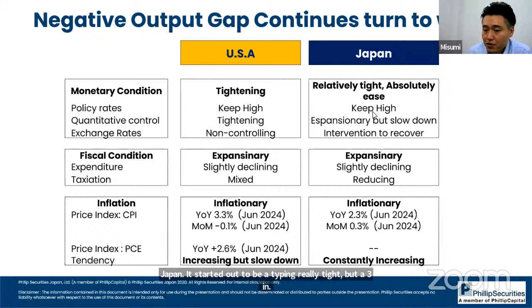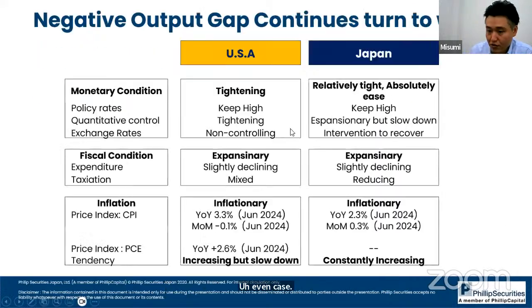The policy rate is not high in Japan. It keeps low, but the USD keeps high, possibly suggesting policy rate cutting, but it's still keeping high. The quantitative control in the US is tightening, but in Japan it's still expansionary, though suggesting a slowdown.